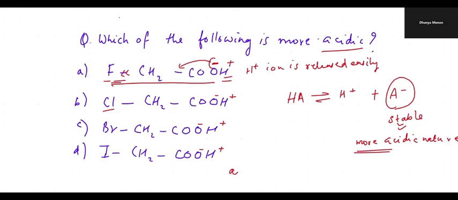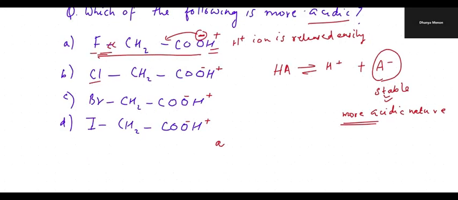If any ion's charge is distributed, that means that ion is highly stable. And it releases H plus ions easily. So if H plus ions is released easily, that means the acidic nature is more.